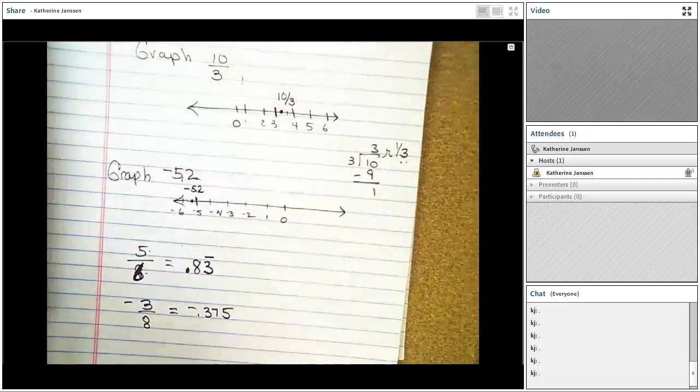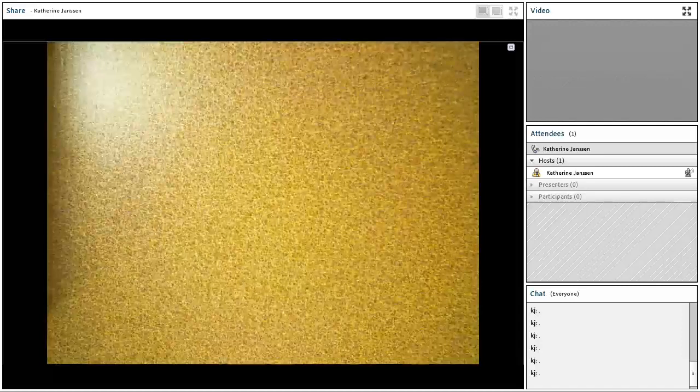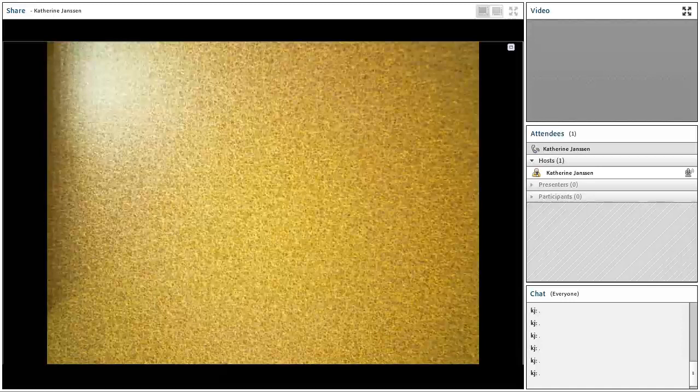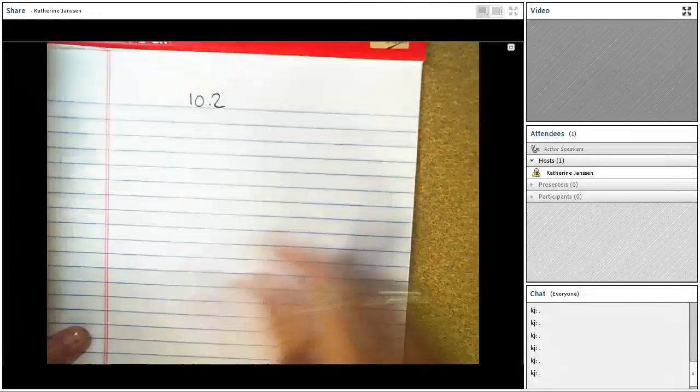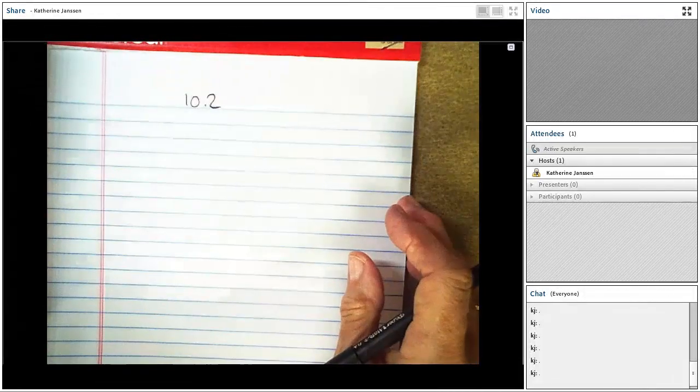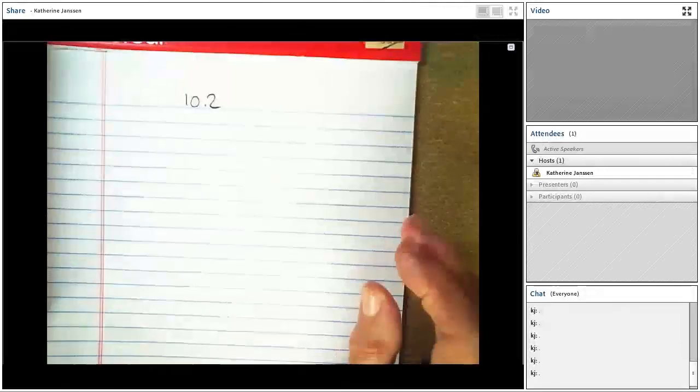Well, now that we have our real numbers defined and able to determine if we have a real number, a rational number, an irrational number, an integer, a whole number, a natural number, we're ready to begin to manipulate our real numbers under operations of addition and or subtraction.